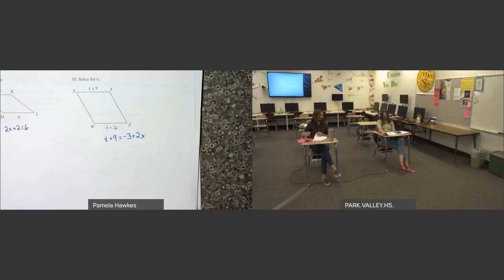Equals. Supplementary means equals to 180 when I add. And then I have to remember my literal equation. Remember, all you have to do is the opposite, right? And then I have to know adding, subtracting, and multiplying polynomials. And we're ready for this.